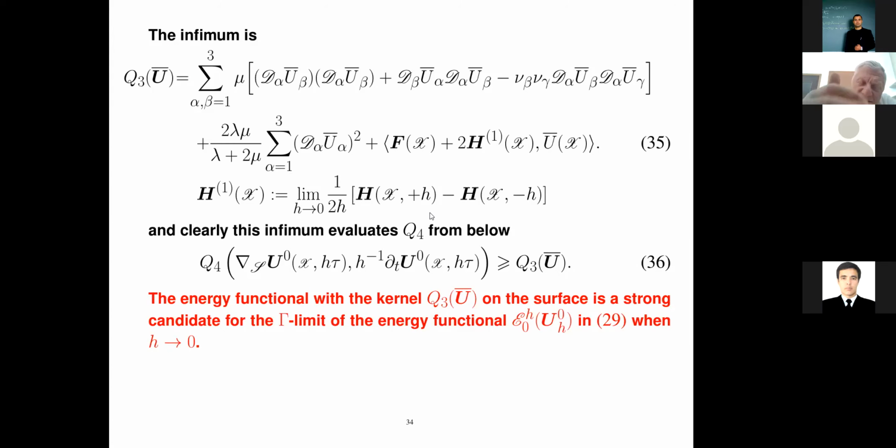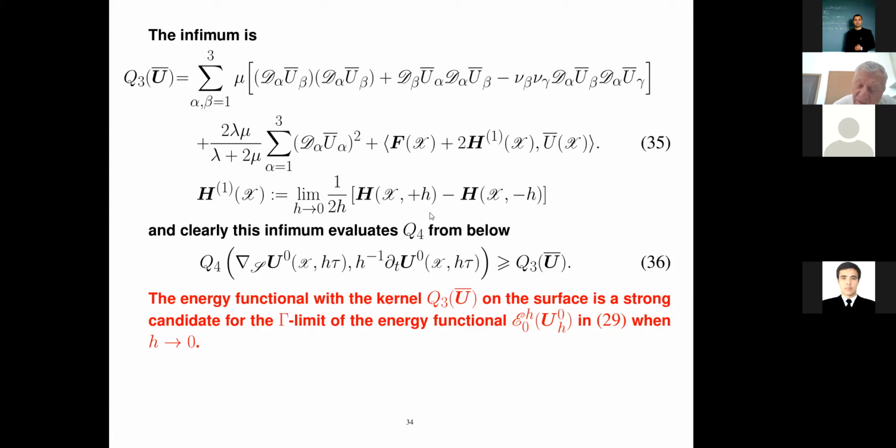I mean, this is the lower estimate of the sequence of energy functionals when H is sent to 0. Now we have to prove that this lower estimate is the gamma limit. For this, we have to prove that there is also a recovery sequence.